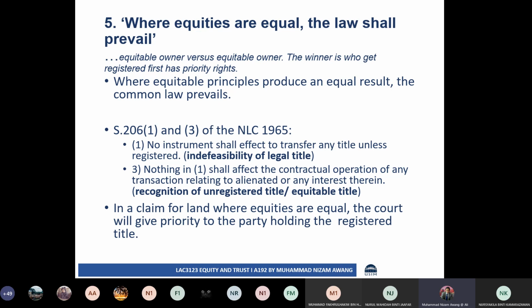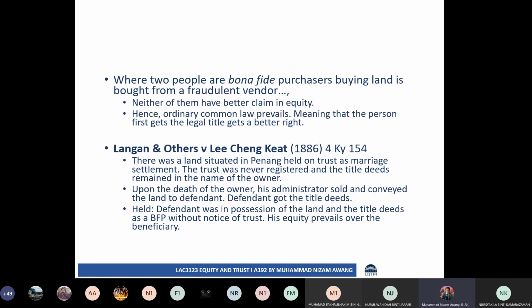So if the land is disposed or transferred to a third party later without the knowledge of A, A can still rely on the contract with the land owner, and the contract will prevail over any future or subsequent transaction of the land. Okay.